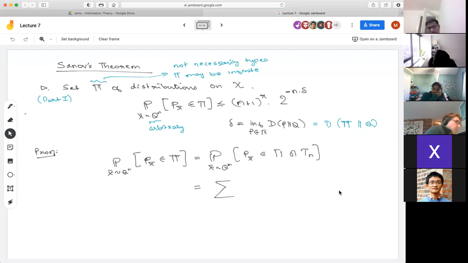Pi itself might be an infinite set, but if we are saying something about the outcome of length n sequences, then the only elements of pi that matter, at least for the upper bound, are the ones that can be realized by length n sequences.